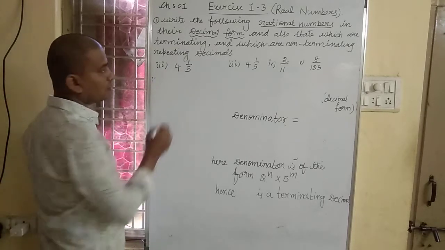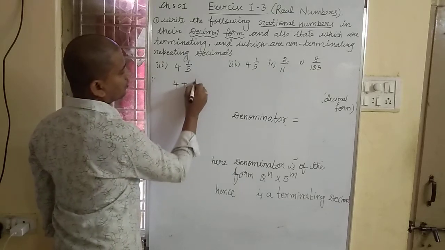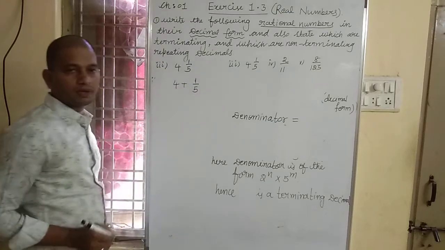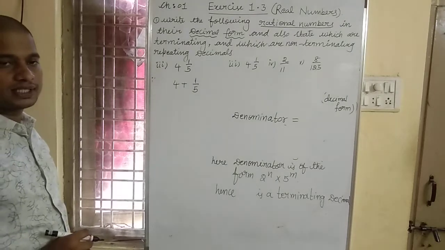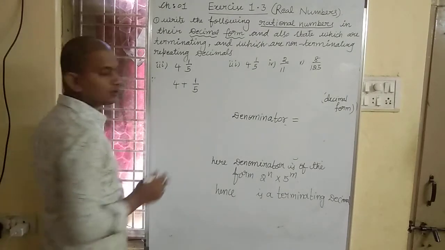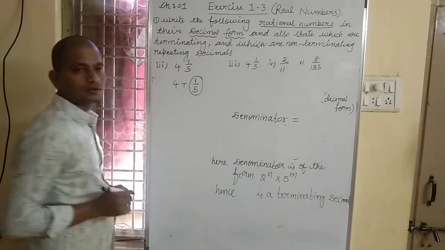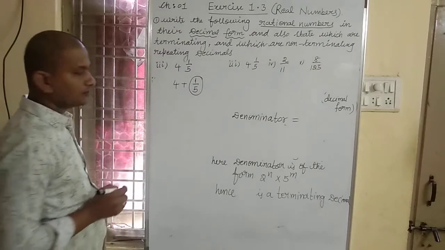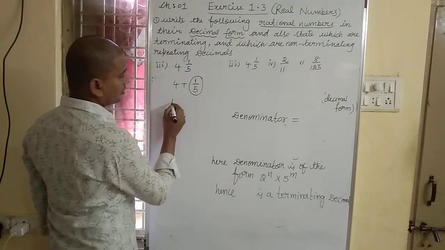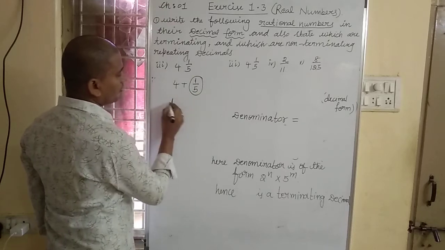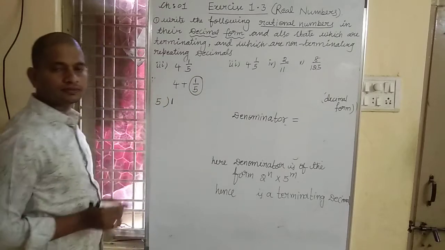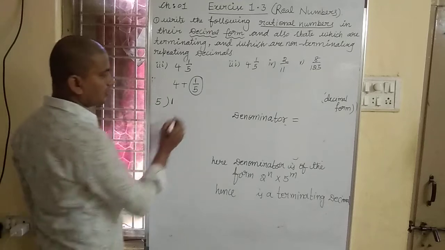Mixed fraction 4 1 by 5. I can also write it as 4 plus 1 by 5. So let us find out the decimal form of 1 by 5.